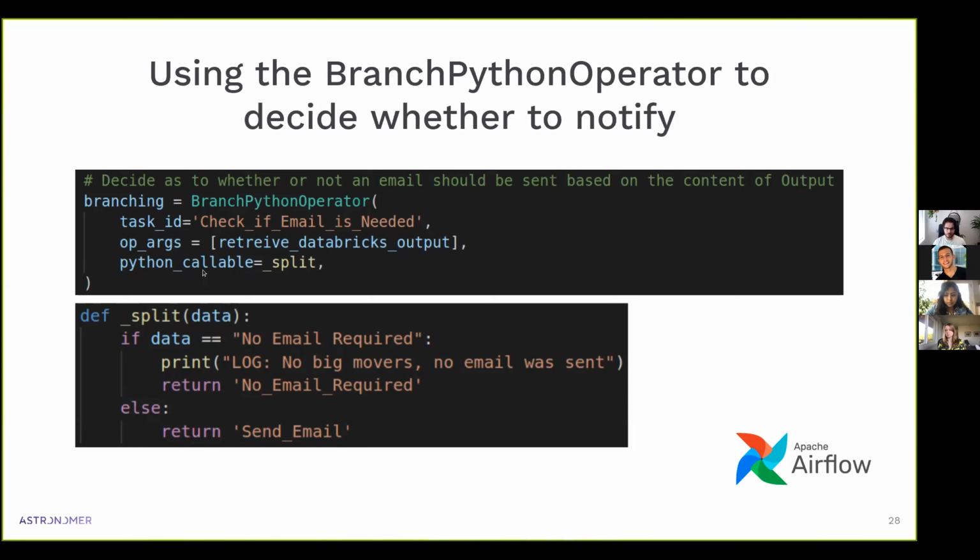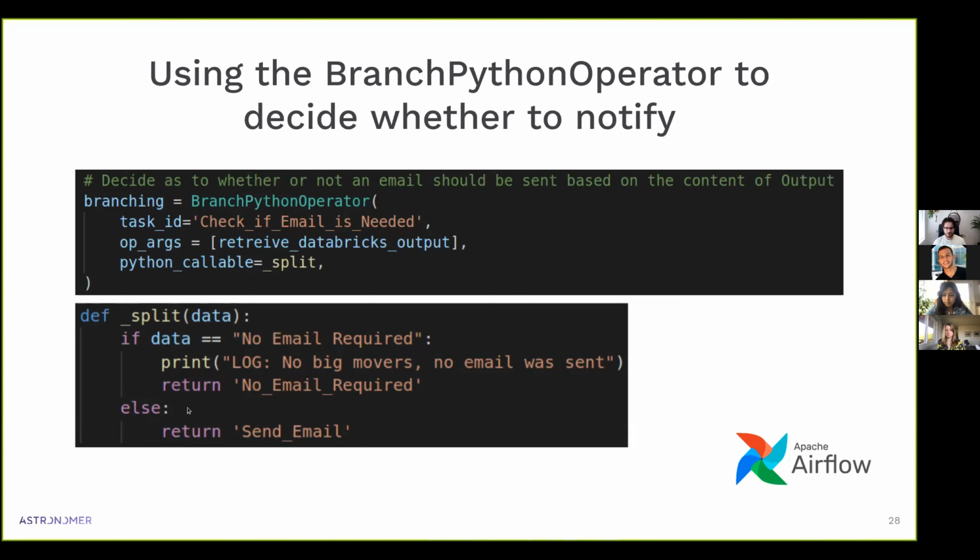So it calls the Python callable split, which contains the logic. If there is no data, so if it's no email required, then essentially do nothing. What this does is that it prints this out. It should then be captured within Airflow logs. So someone looking at this can see what happened during this run. There are no big movers.